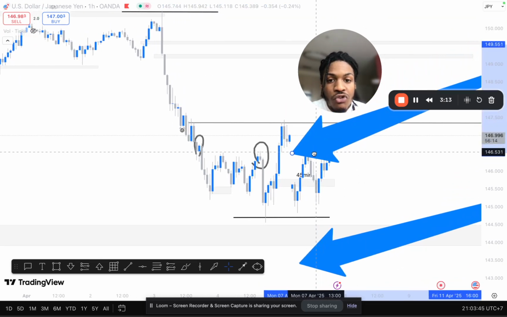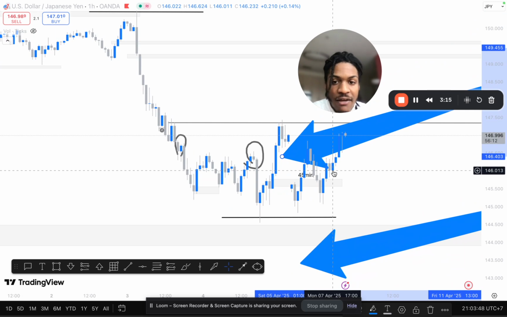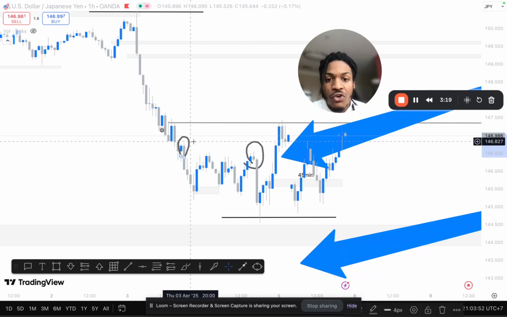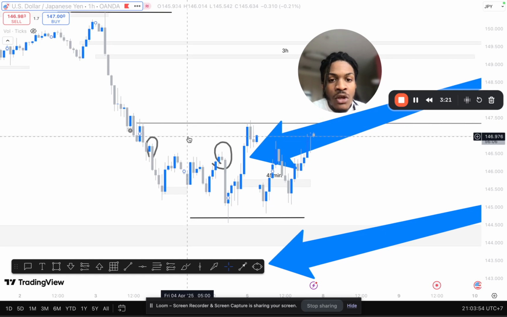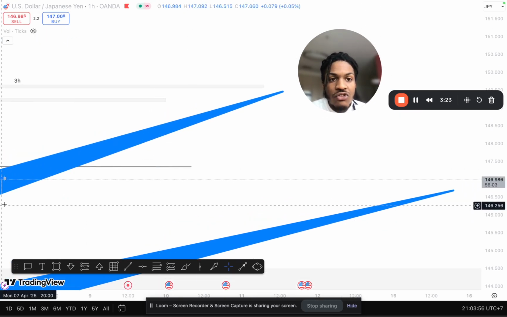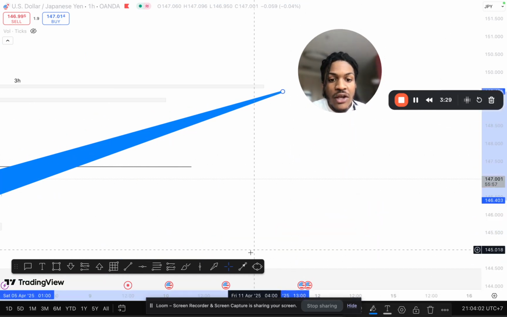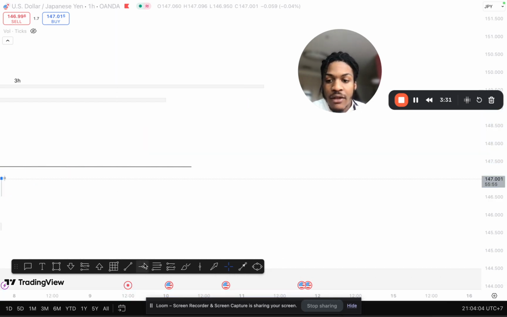You see those two circled price action things that I have going on here, that structure? Those two are highs. The reason they're circled is because I have a rule when trends change, for example from a bearish trend to a bullish trend, there is obvious demand and supply.